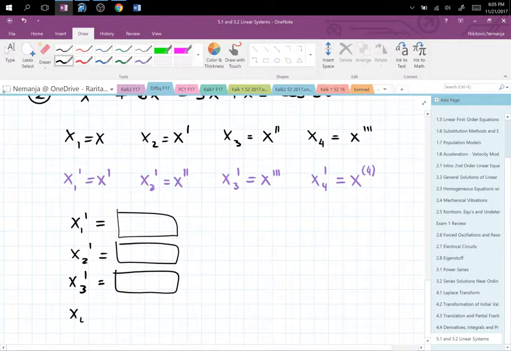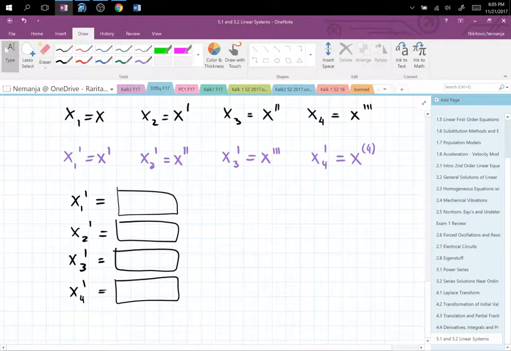And x4 prime, same. So this is what we need. And now we go and we stare at what we have in these combinations to find the key of how to connect all of these.